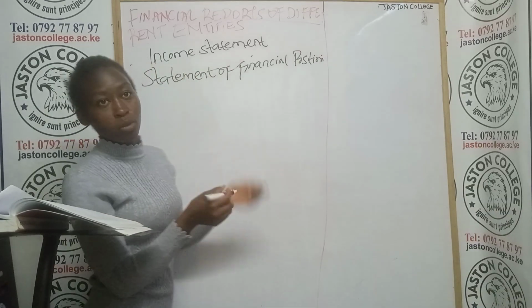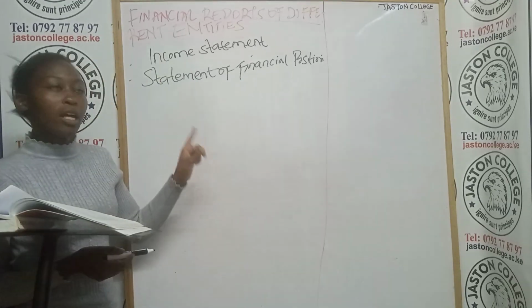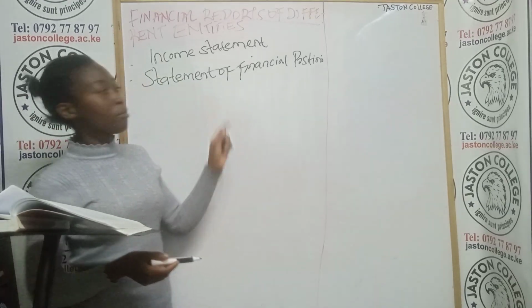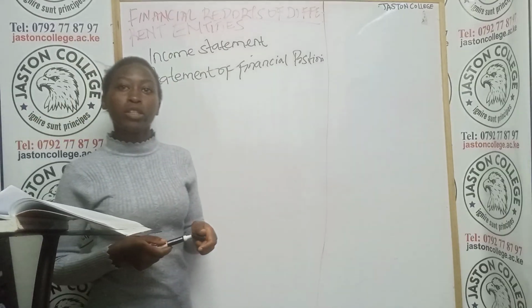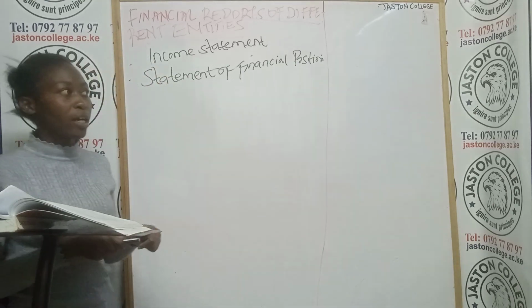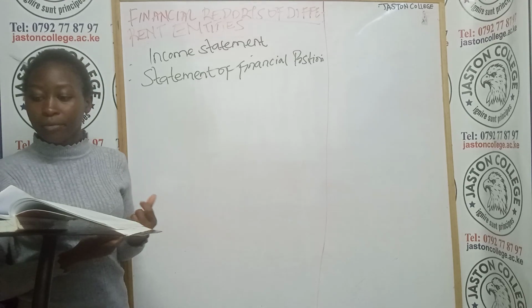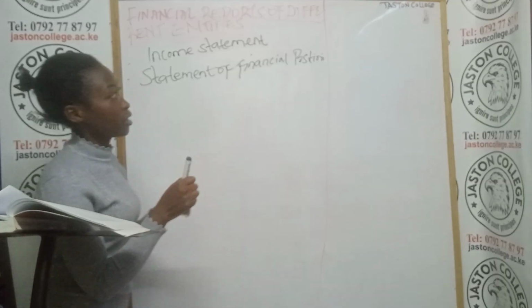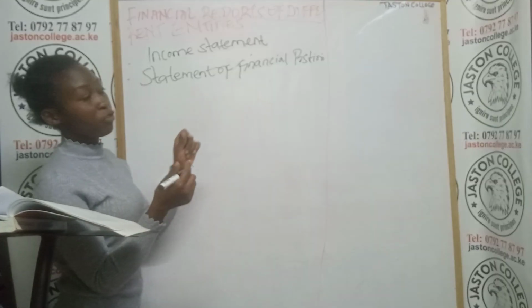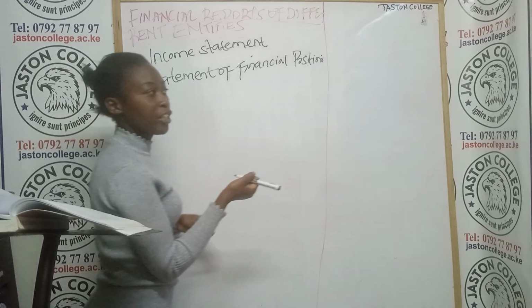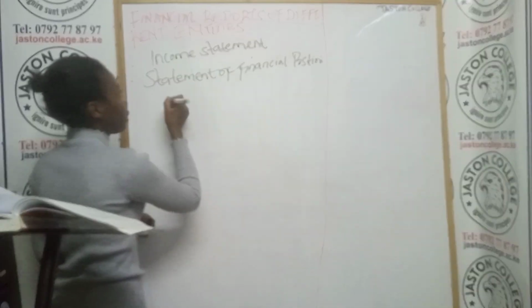So for today, we are going to start with the income statement for a sole trader. A sole trader is an entrepreneur basically, and the income statement and the statement of financial position have different formats.